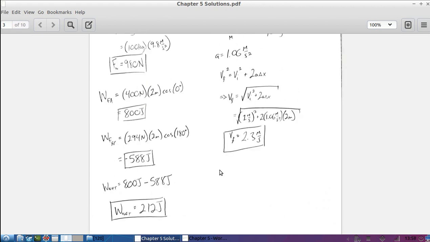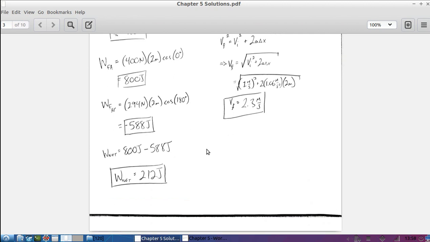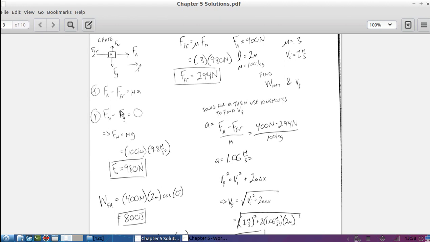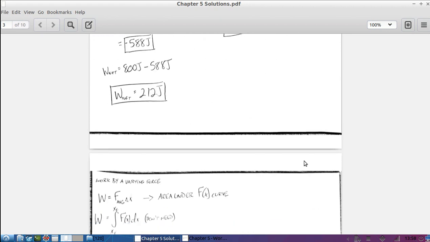So dot product for work, make sure you identify the angles between the two vectors, and then let your equation do the heavy lifting. But watch out for some old chapter 4 stuff in there too. You still have to do free body diagrams to find other information, Newton's second law. Some kinematics are going to make their way back into these problems.